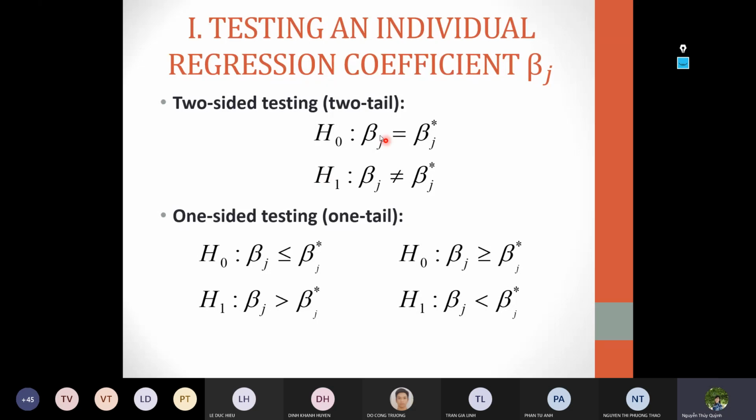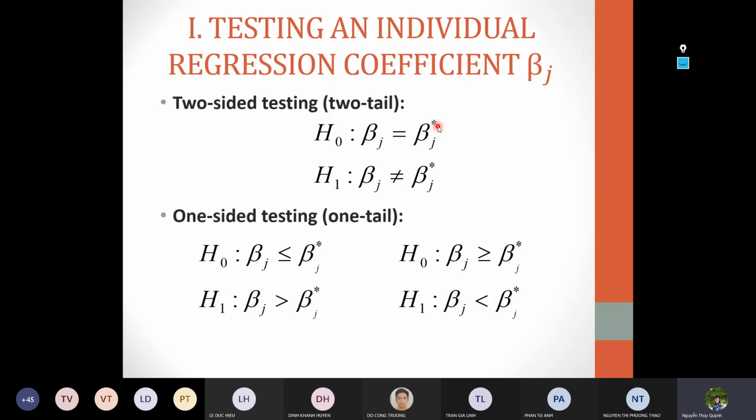Beta j is our unknown population parameter. And beta j star is the suspect value of the unknown population parameter.